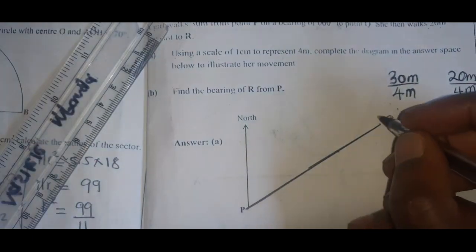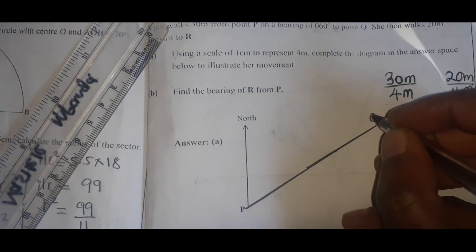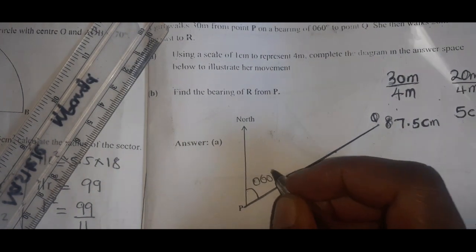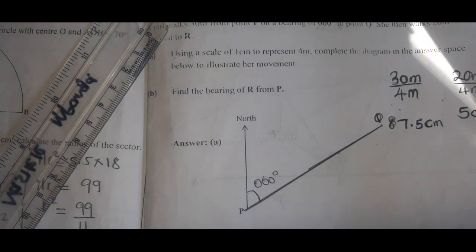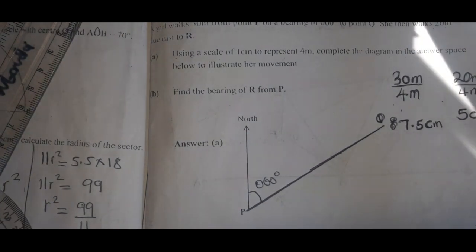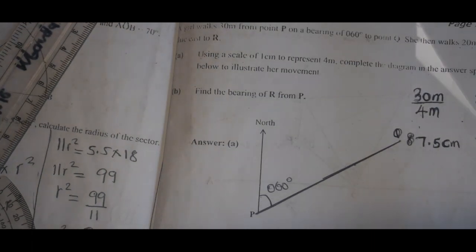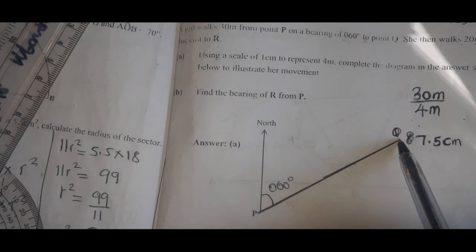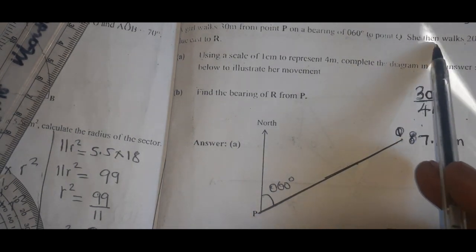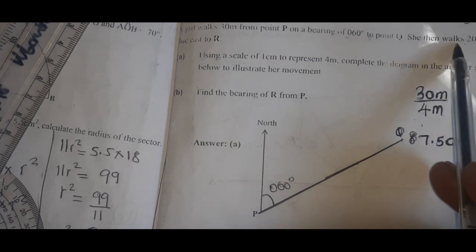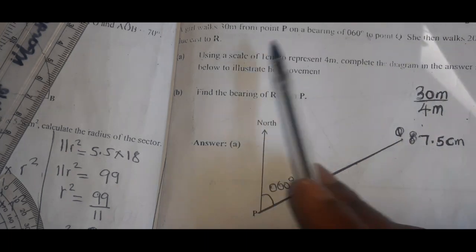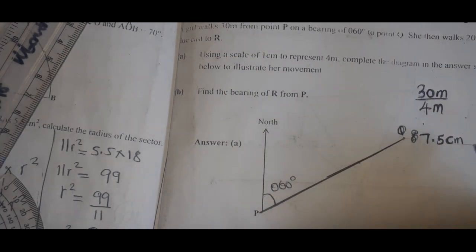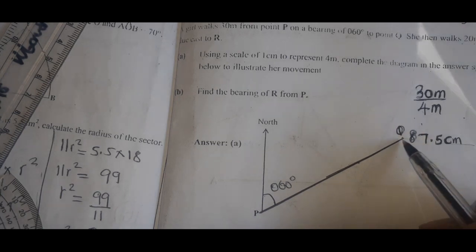Okay, this is our Q here now. Remember, this angle I've been told, then we are told that from this point here, she walks 20 meters due east. So from here going this side, she walked 20 meters.